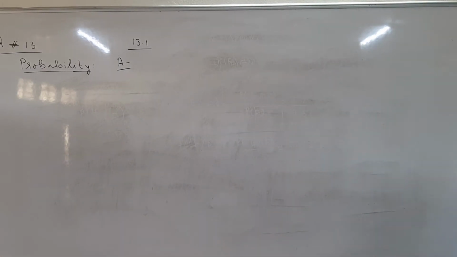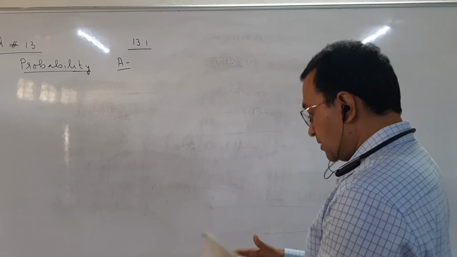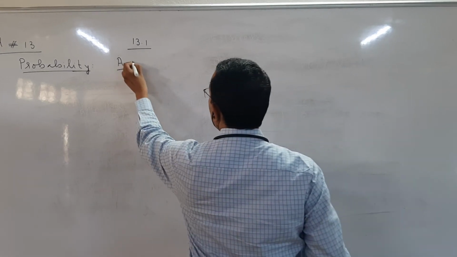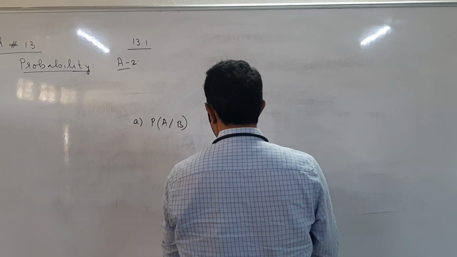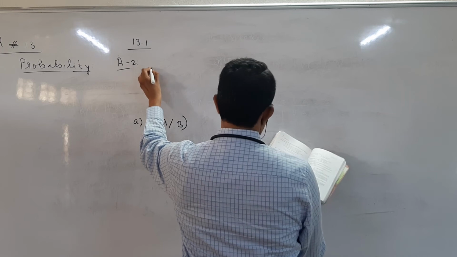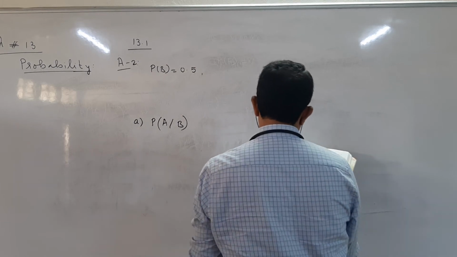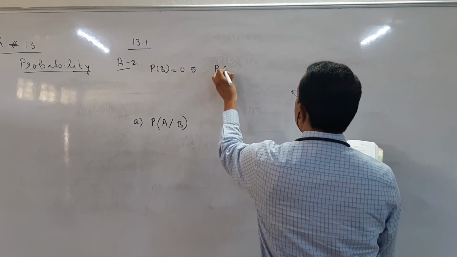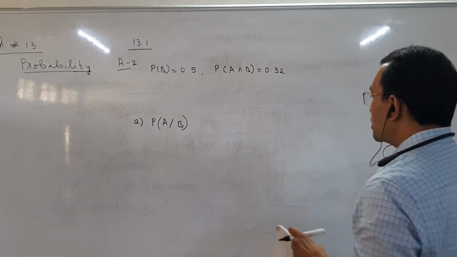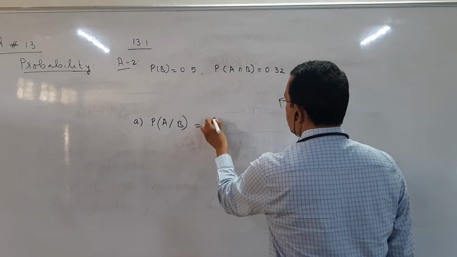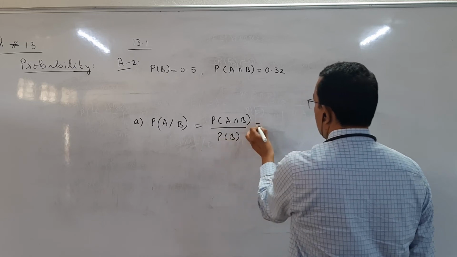Okay, now students, sum number 2. Compute P of A given B. Don't say A oblique B. Read this as A given B. What is given is P of B is equal to 0.5 and P of A intersection B is equal to 0.32. So according to the conditional probability formula, this is P of A intersection B upon P of B, where P of B is not equal to 0.